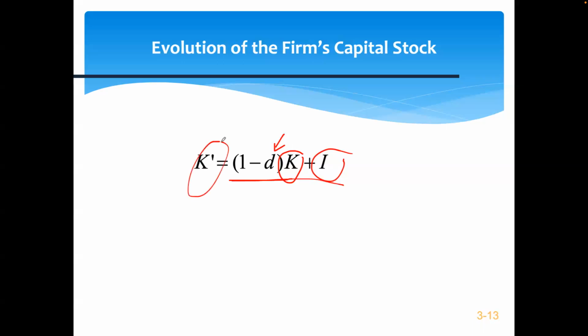Okay, so that's similar to the consumer. The consumer has a saving decision, right? Similarly, here I is essentially also like a saving decision, as we are going to see later. So this I is most clear with the consumer's saving.